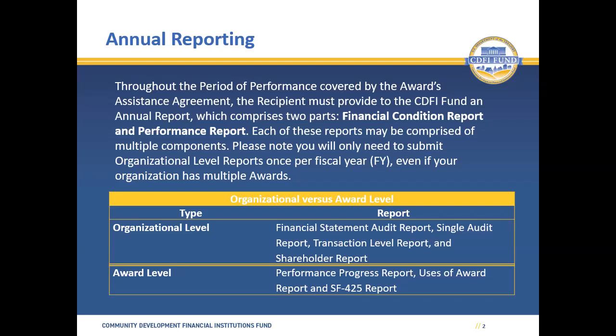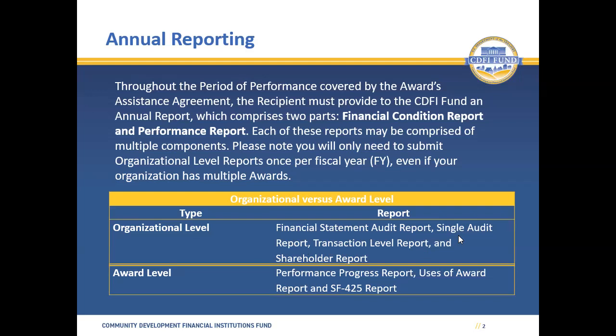Please note, you will only need to submit organizational level reports once per fiscal year, even if your organization has multiple awards. Reports that may be required at the organization level include the financial statement audit report, the single audit report, transaction level report, and shareholder report.